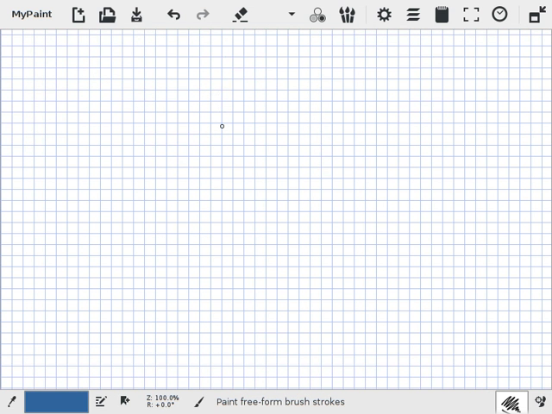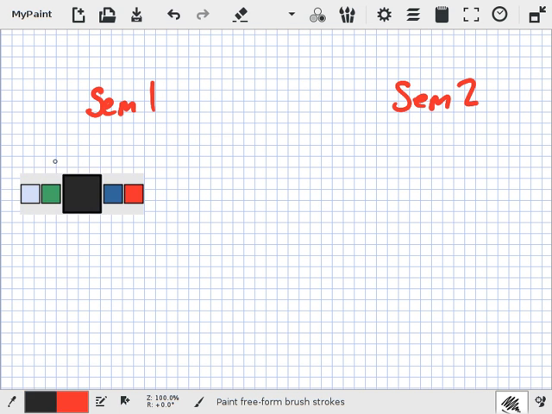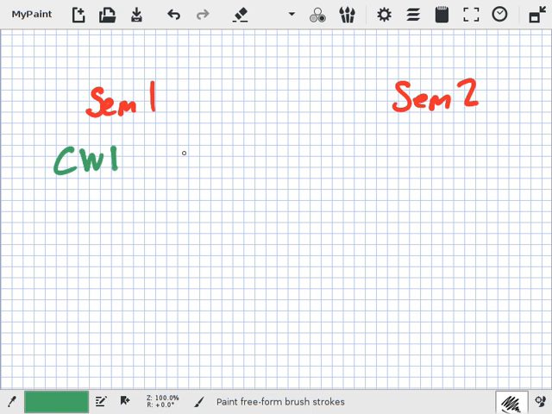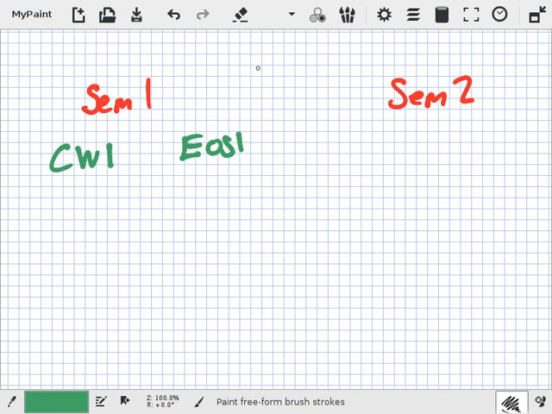So anyway, let's have a look at the structure of the course. Obviously you have your semester 1 and semester 2, and here you have coursework 1, and then at the end you have the end of semester 1. Then in semester 2 you have coursework 2 and the end of semester 2.